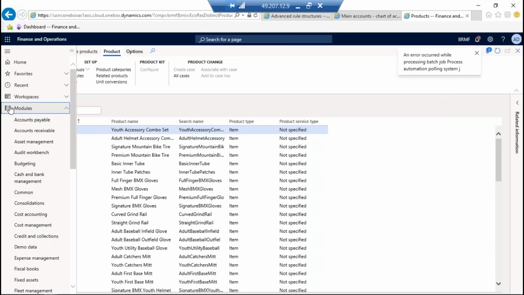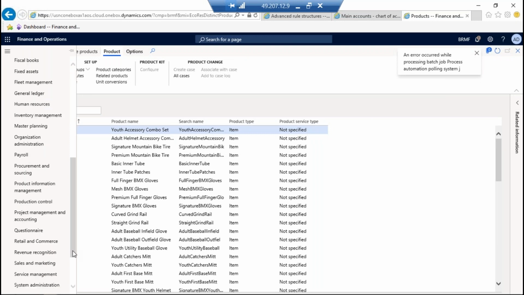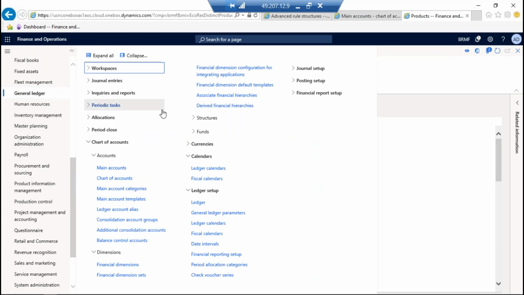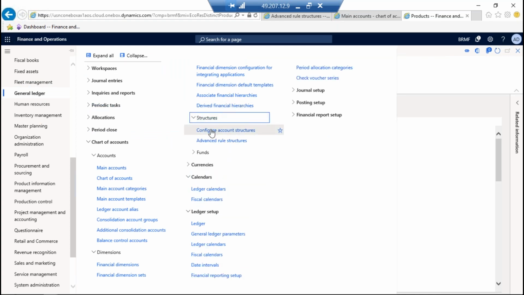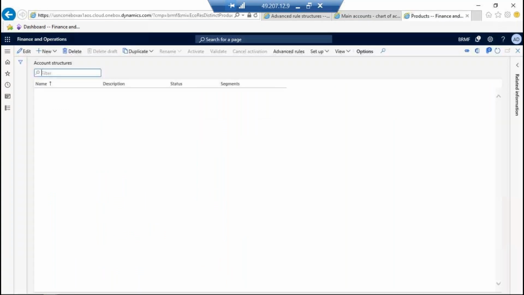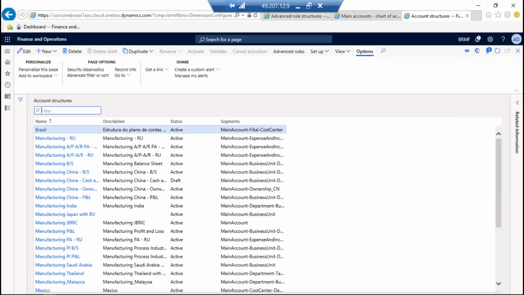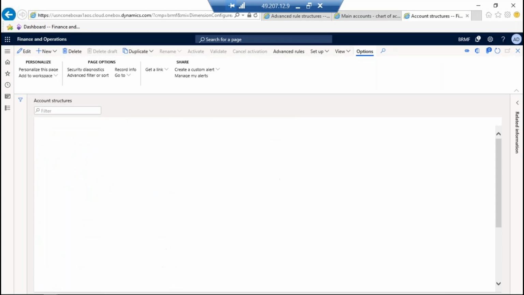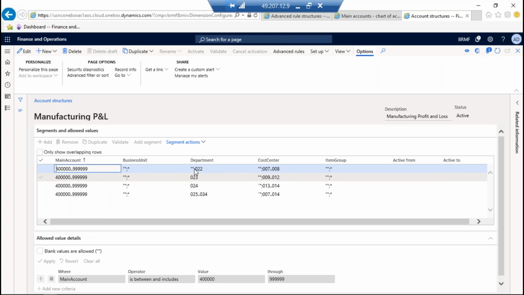So if you go to the general ledger module, accounting structures, so if you go to manufacturing PL something, we have mapped differently, and we can attach advanced rules.